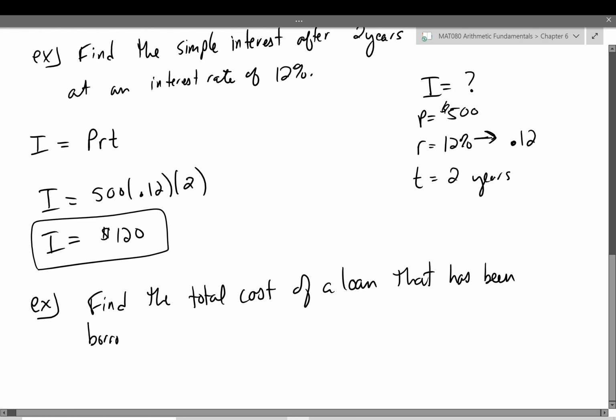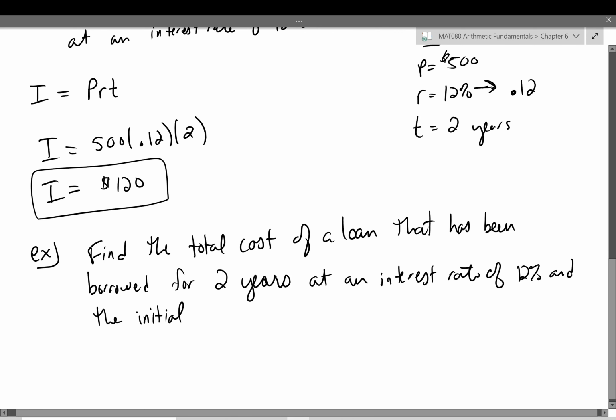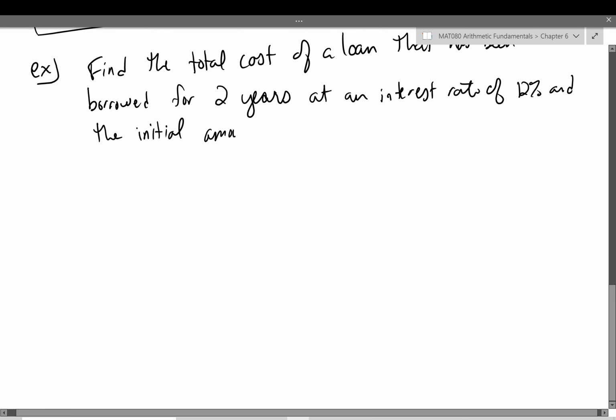Let's say borrowed for 2 years at an interest rate of 12%, and the initial amount borrowed is $500. So in other words, I'm just extending the previous problem.